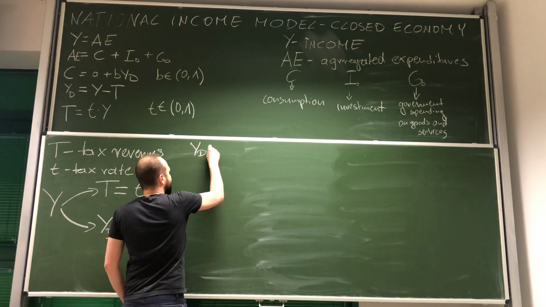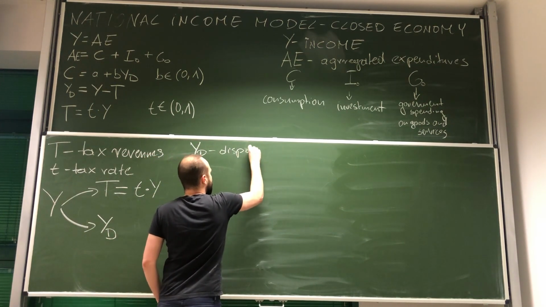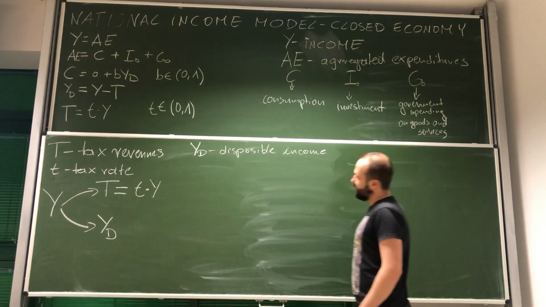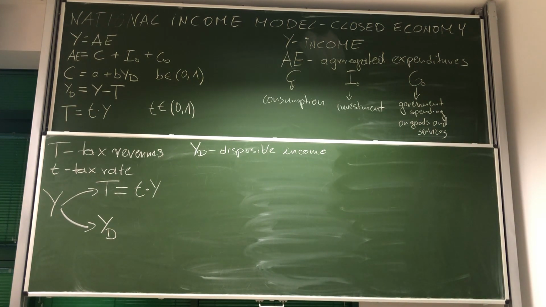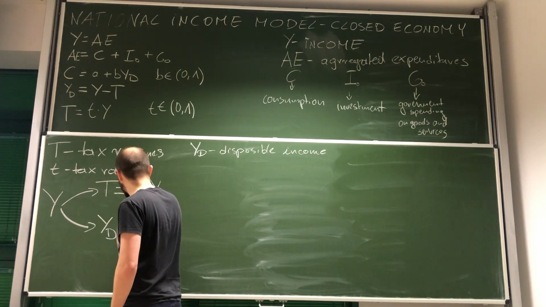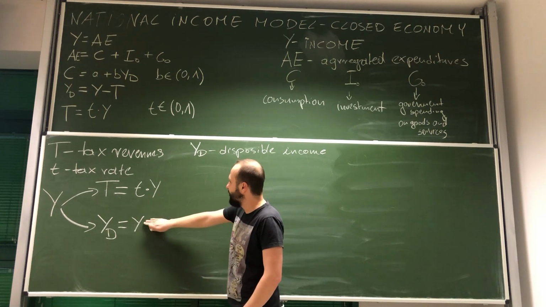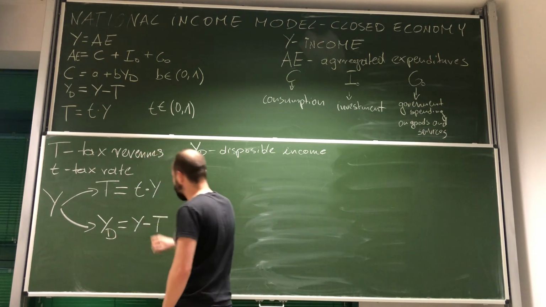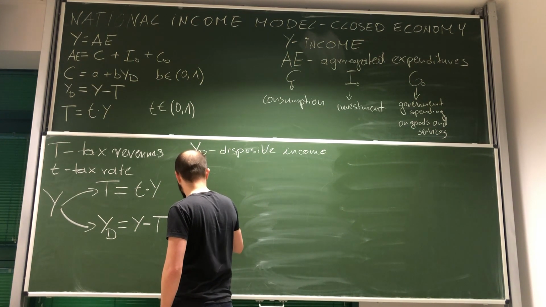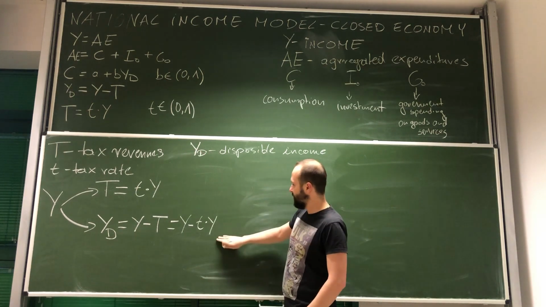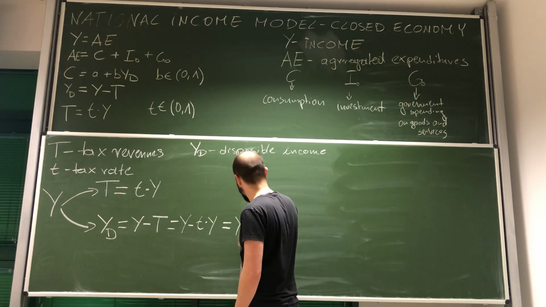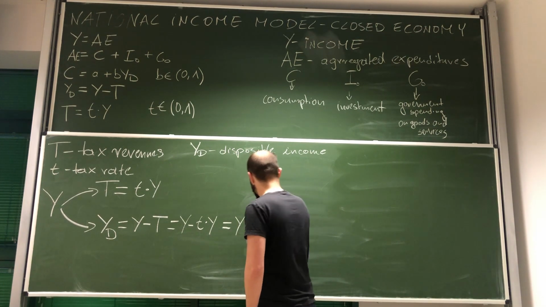YD is disposable income. Okay, so again we see what disposable income is. This is how much money you will have out of your income if government takes taxes. So it's y minus t times y, right? Or we could take y out of the brackets here. This is y times (1 minus t).